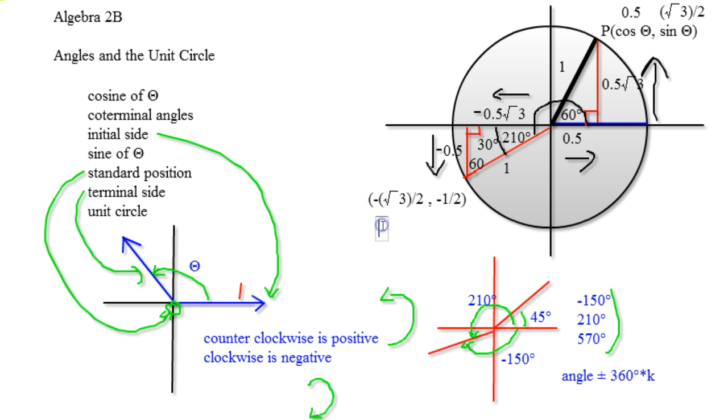And you could find those points. Why? Because once again, cosine of theta is going to be the x-coordinate, and sine of theta is going to be the y-coordinate. You are going to need to use special right triangles to work with this.